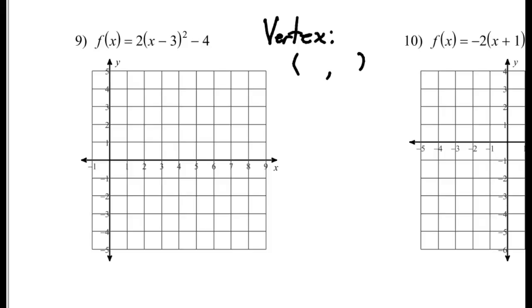What do we get from the vertex on this one? 3, comma, -4. Does it open up or down? Up on this one. We know that because it's positive 2, so it opens up. It's the sign once again.